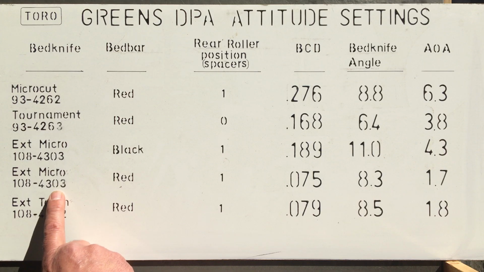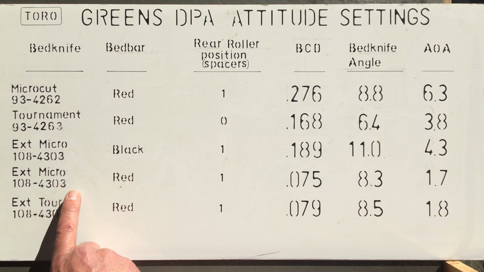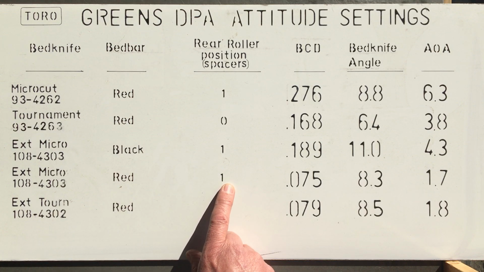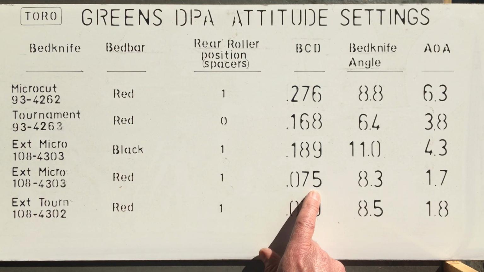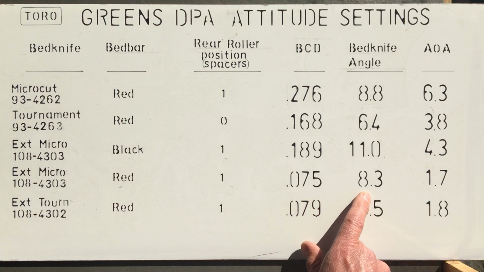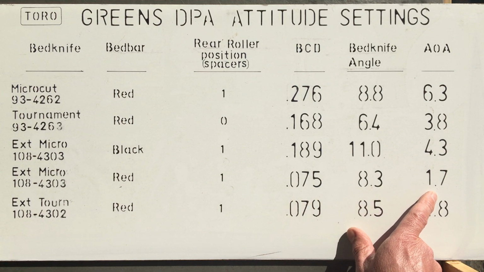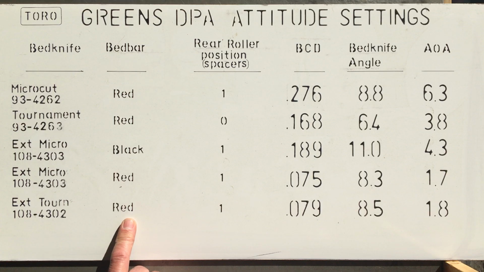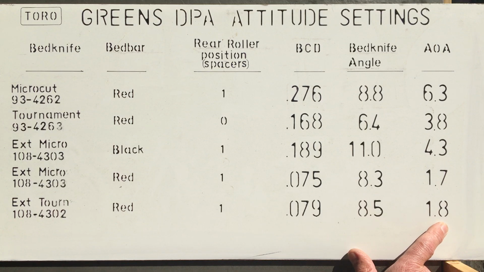Extended microcut, same bed knife with a standard bed bar, one spacer employed, 0.075 BCD, bed knife angle 8.3, AOA 1.7. Extended tournament knife, standard bed bar, one spacer employed, 0.079 BCD, and 8.5 attitude, 1.8 angle of aggression.